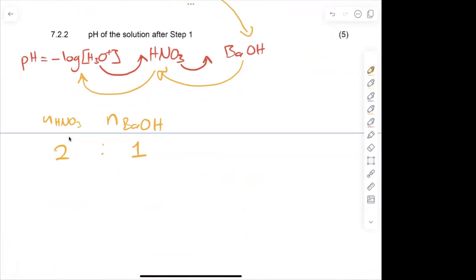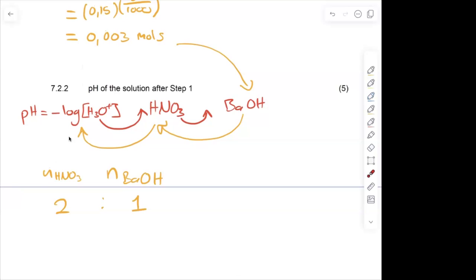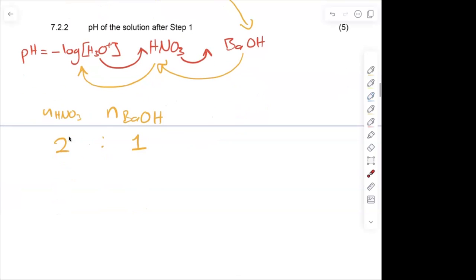And I already know the value of my barium hydroxide. We worked that out, right? That was given to us as 0.003. So I'm going to work that backwards and say this is going to be 0.003. I need to solve for my number of moles of HNO3; I'm going to call that X. If we use our cross multiplication method, I multiply X by 1, and multiply 2 by 0.003.